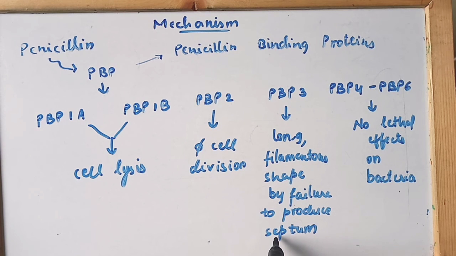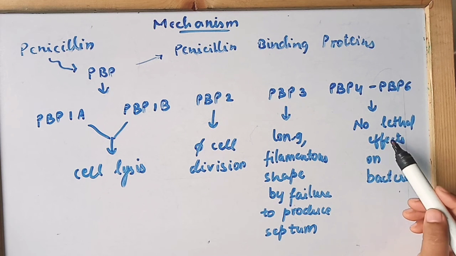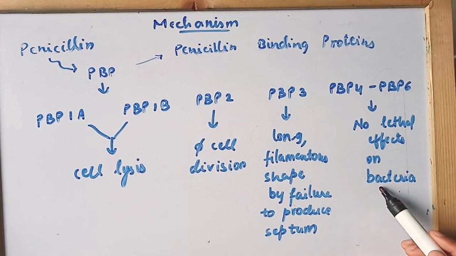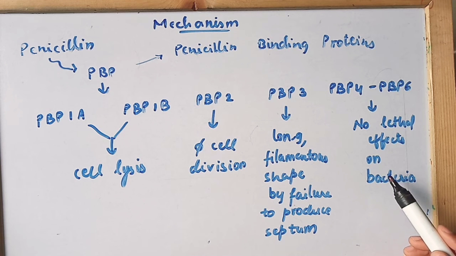So the bacteria is not able to produce septum. Shape is converted to a long filamentous shape. And PBP4 and 6 cause no lethal effects on the bacteria. Therefore, penicillin binding proteins play a very important role to locate the site at which the penicillin can act on the bacteria. So this was all about the mechanism of action of penicillin.